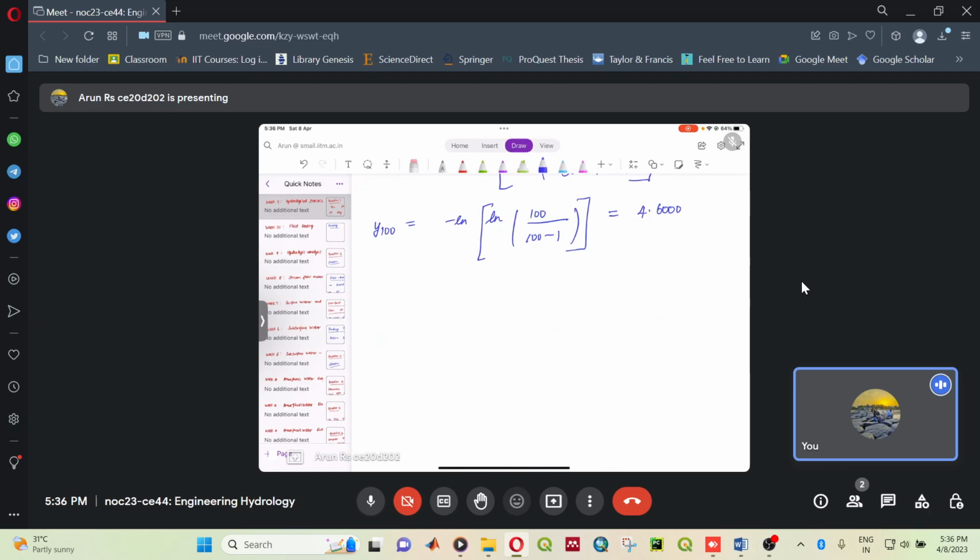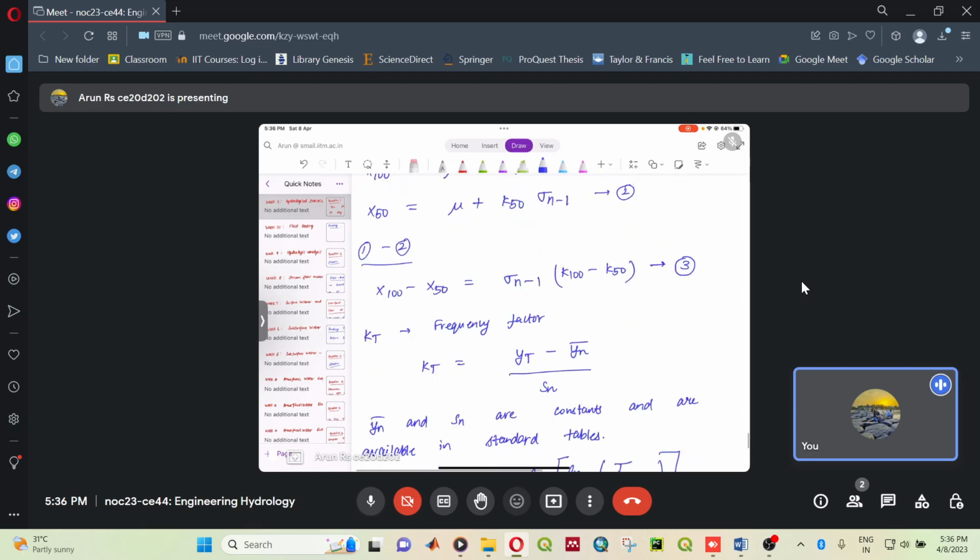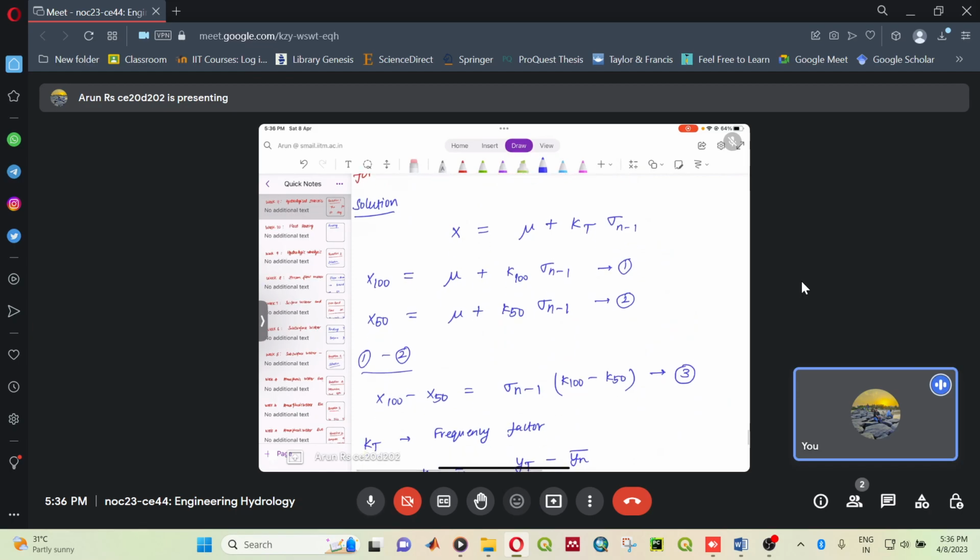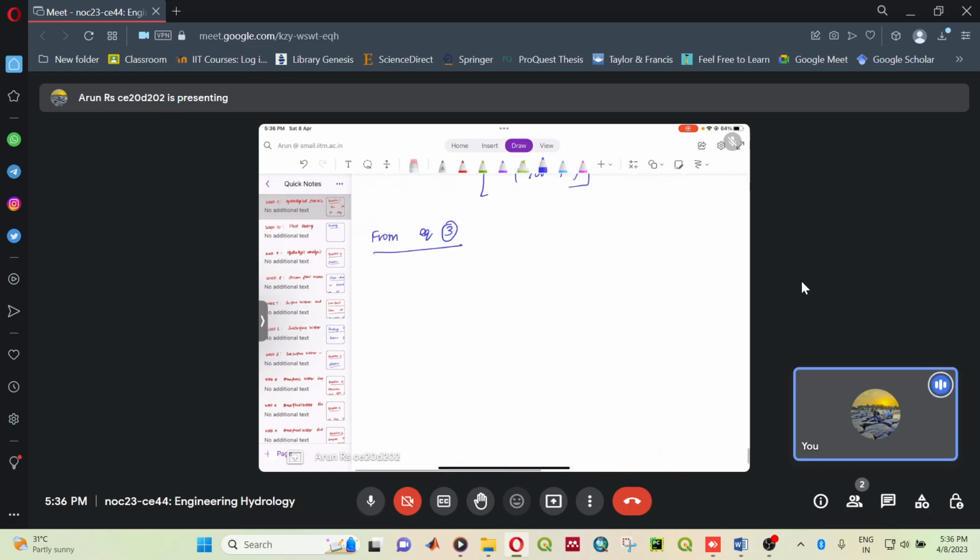So we can write from equation 3, x100 minus x50. We know the value for x100 and x50, so we can find out the value for sigma n minus 1 into k100 minus k50.